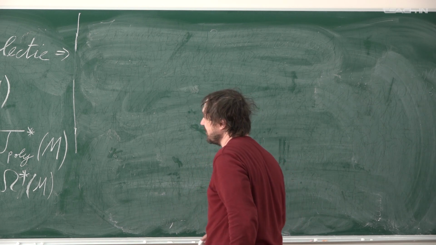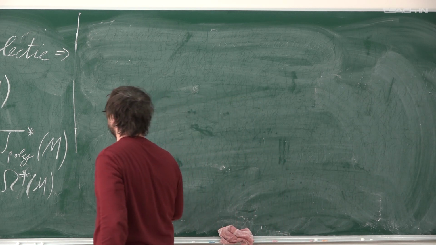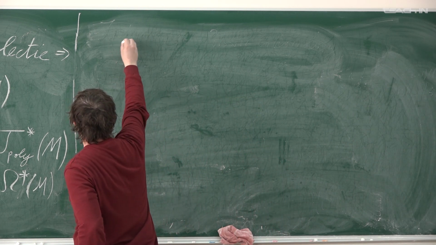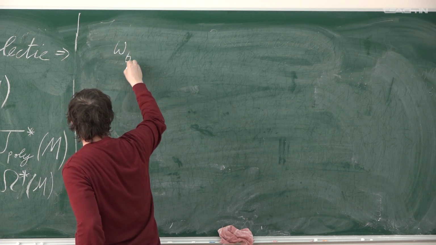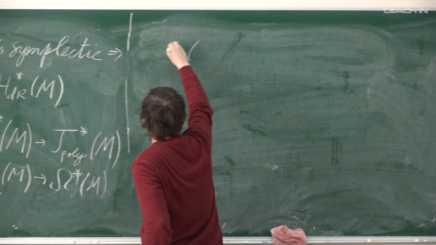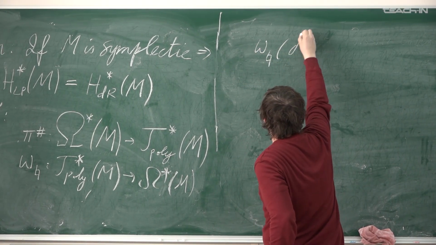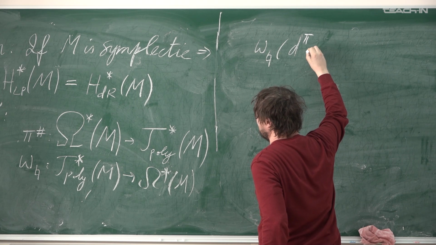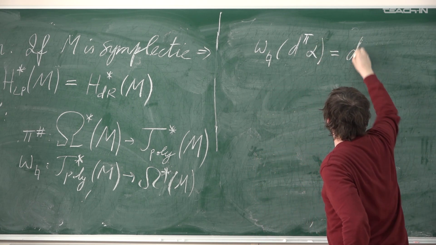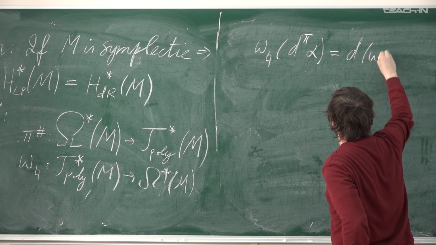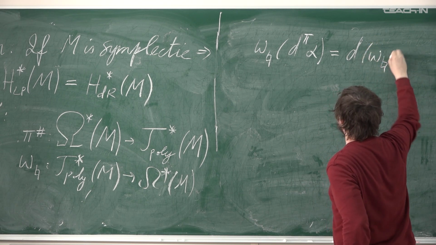In any case, let us show that, for instance, it's sufficient to show that if you take this operator and apply it to d pi of some alpha, it will be equal to the same as the de Rham differential applied to this operator applied to alpha.